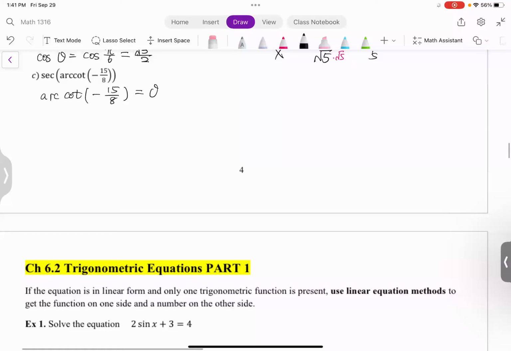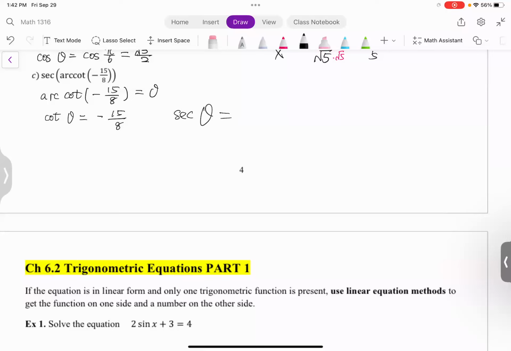So rewrite it: cotangent theta equals negative 15 over 8. Now I can evaluate the x, y, and r values, and later I need to find the secant theta.